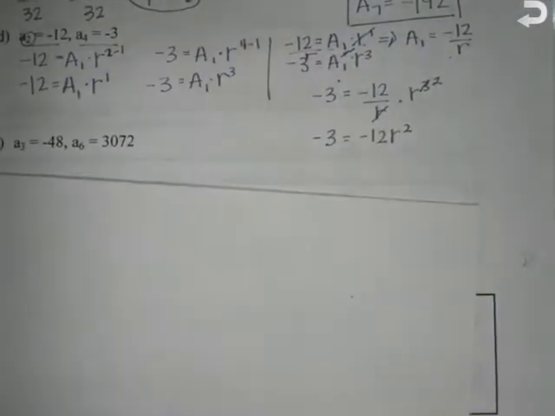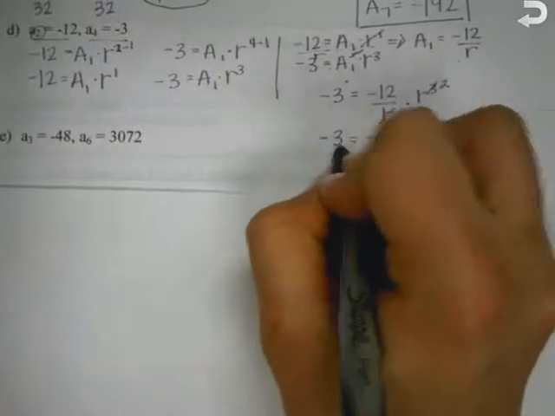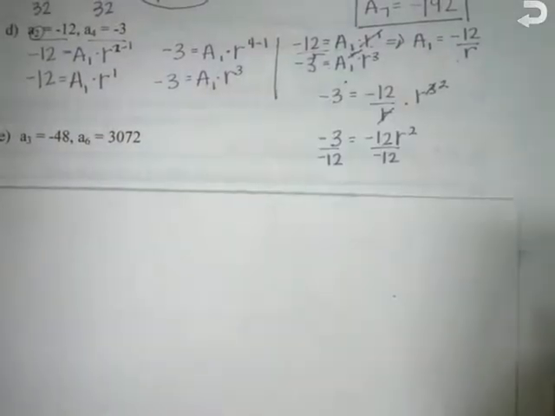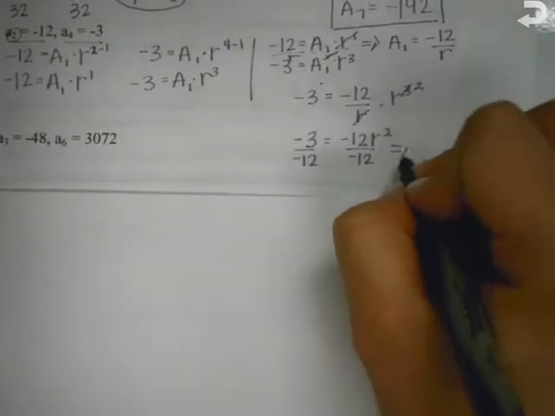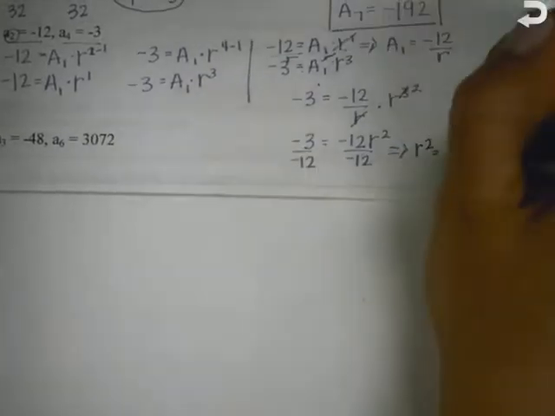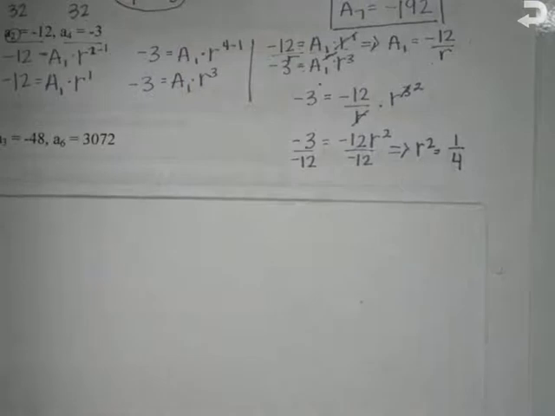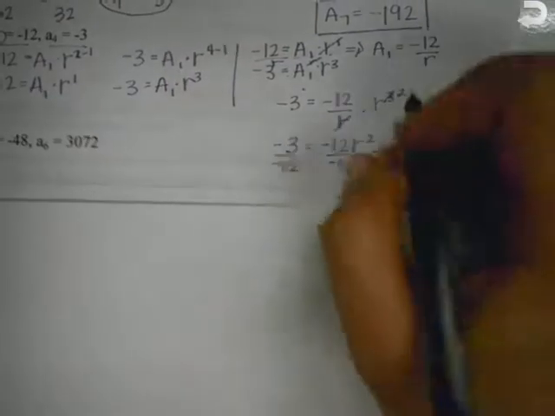So r squared equals positive 1/4. And then how do I solve for r? Square root. So r equals positive 1 over 2.